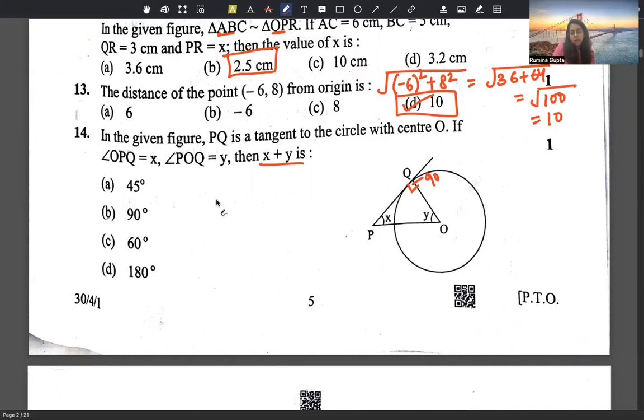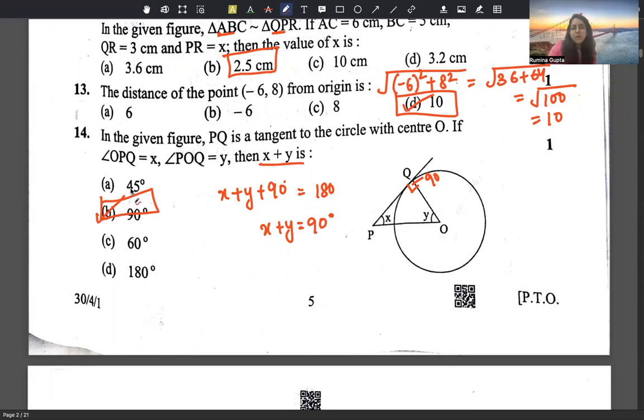By angle sum property of a triangle, X plus Y plus 90 is equal to 180 degree, and therefore X plus Y is equal to 90 degree. That is option B, your absolutely correct answer.